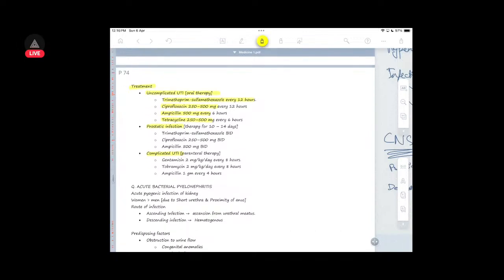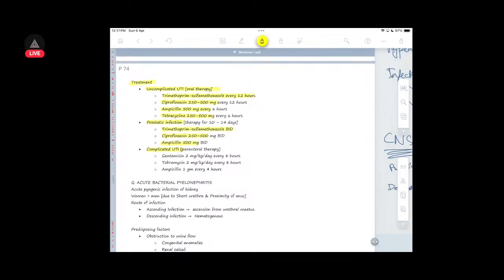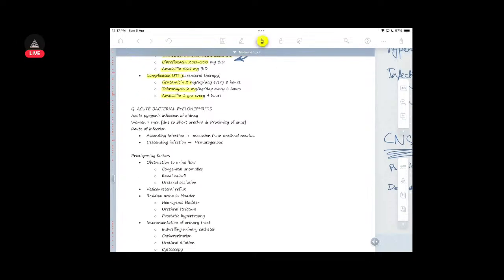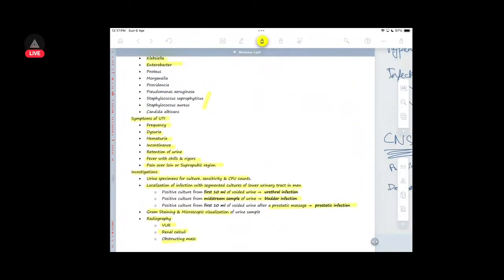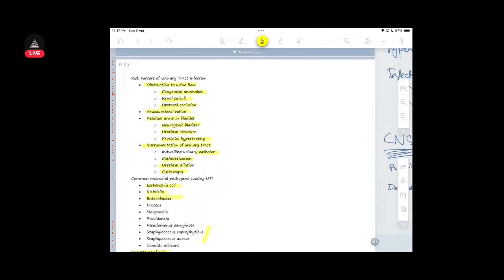In prosthetic inflammation, you give co-trimoxazole, ciprofloxacin, and ampicillin. Same. But in complicated, you give gentamicin, tobramycin, and ampicillin. This is the same. And going on, so this is UTI.